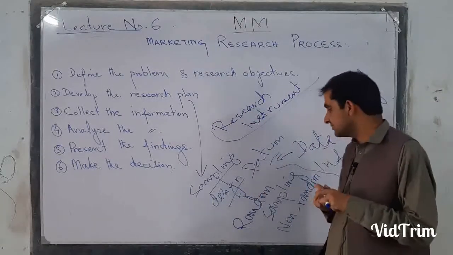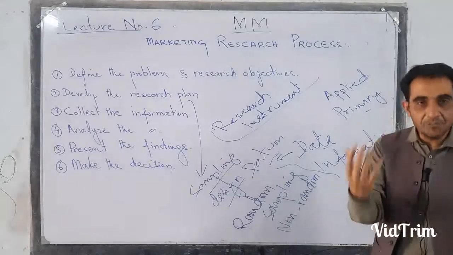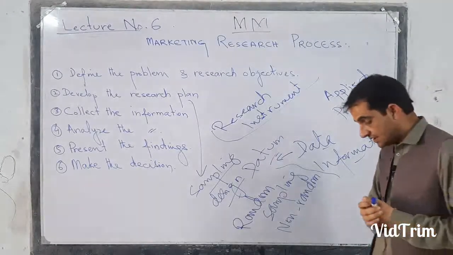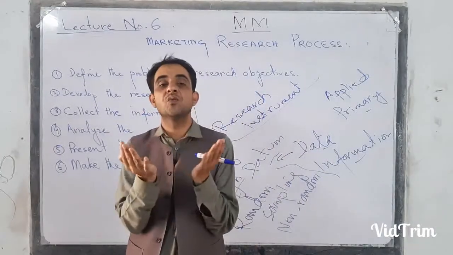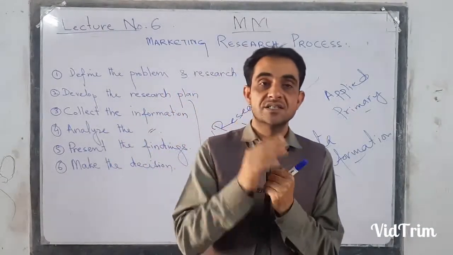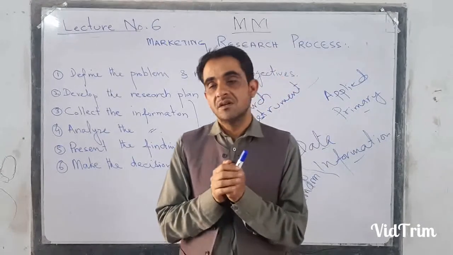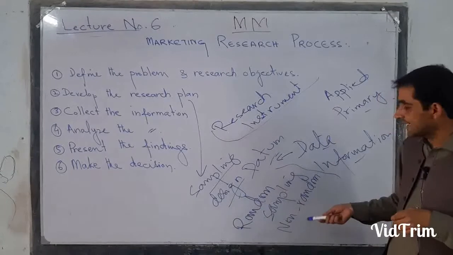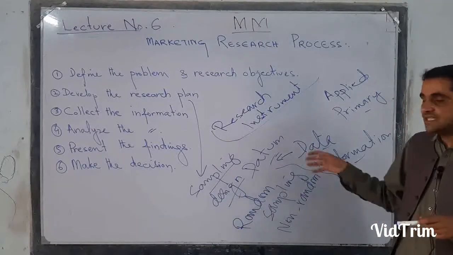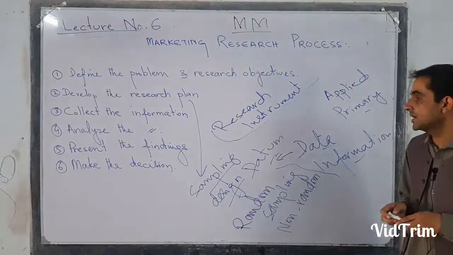In sampling design, we are deciding about the sample. Sample means the group of respondents from whom we are collecting the data. In sampling design, whether it is random sampling or non-random sampling, these three major plans we are making over here.